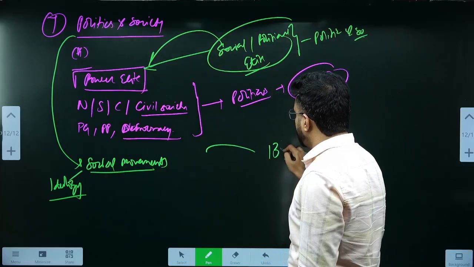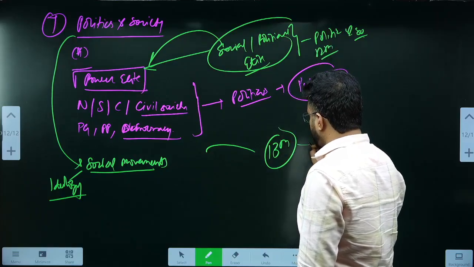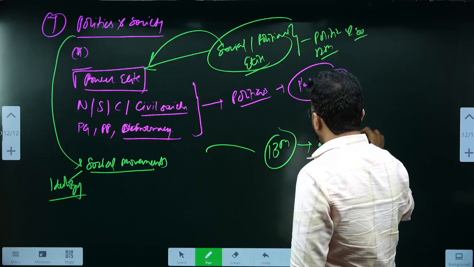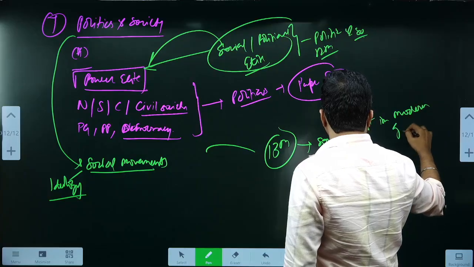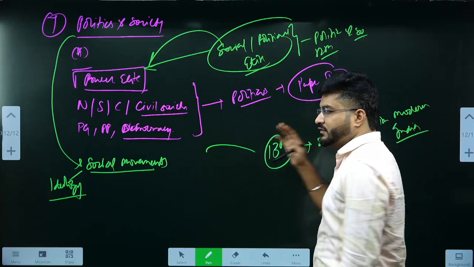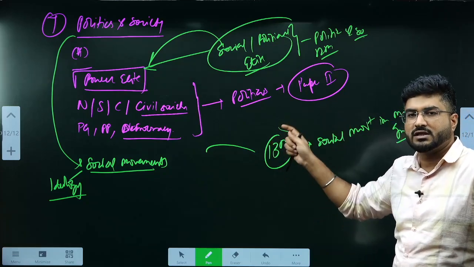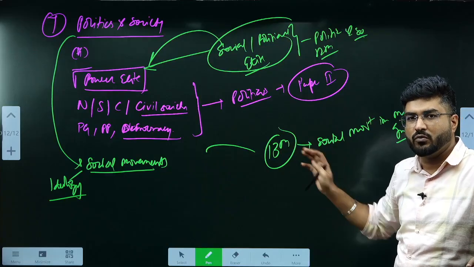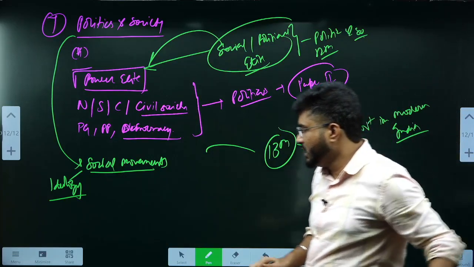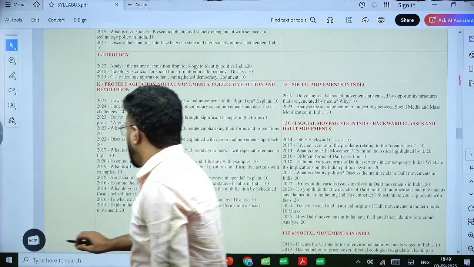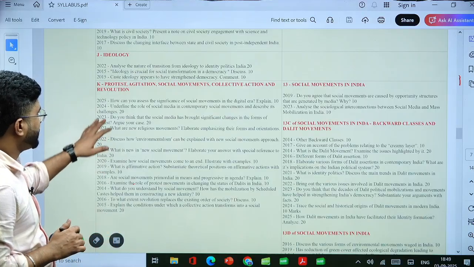The 12th chapter is about politics of society in paper 2, and the 13th chapter is about social movements in modern India, where you have different sections: women movements, peasant and farmer movements, backward class and Dalit movements, environment movements, ethnicity based identity movements. Okay, let's have a look at these PYQs of social movements.